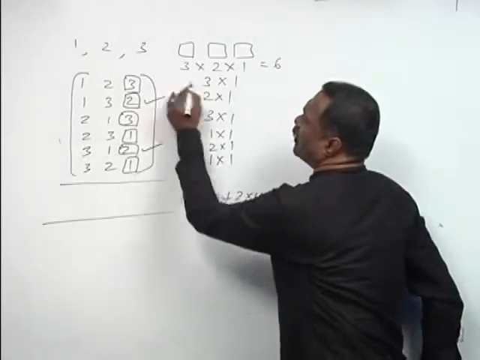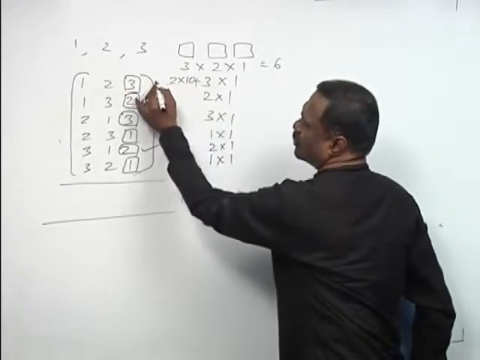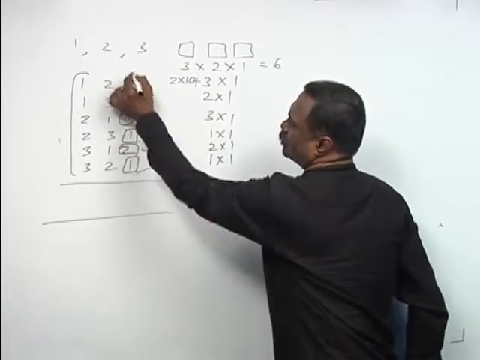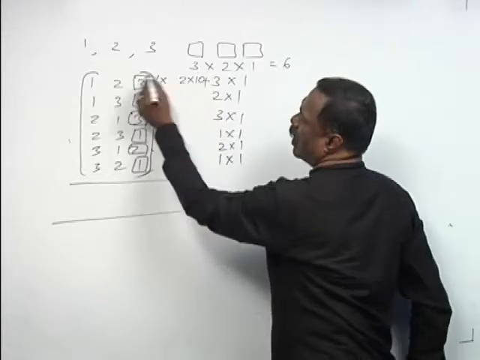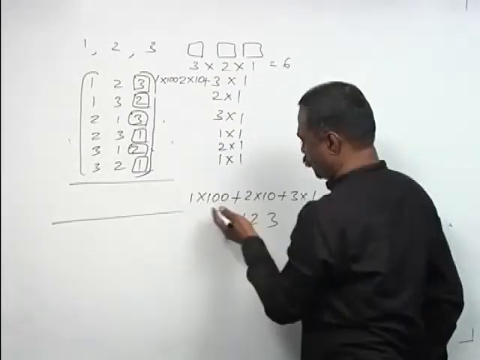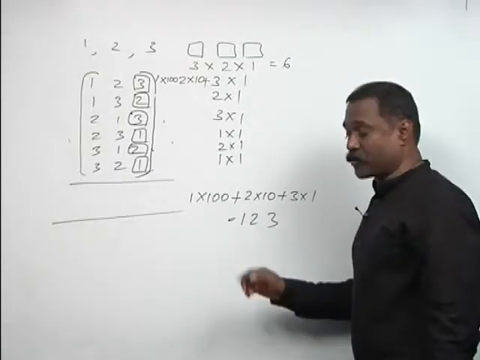So you can split this number like this: 1 into 100 plus 2 into 10 plus 3 into 1 becomes 123.